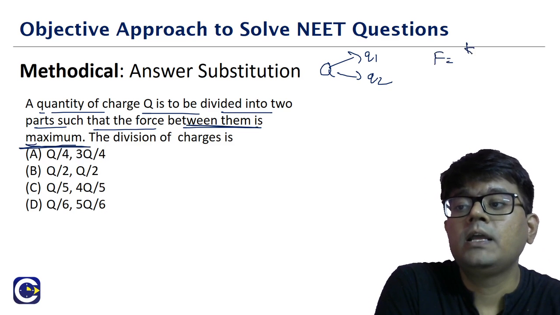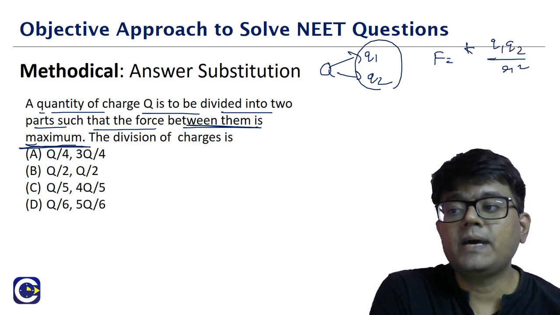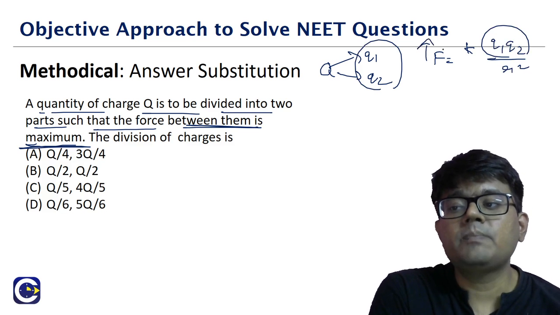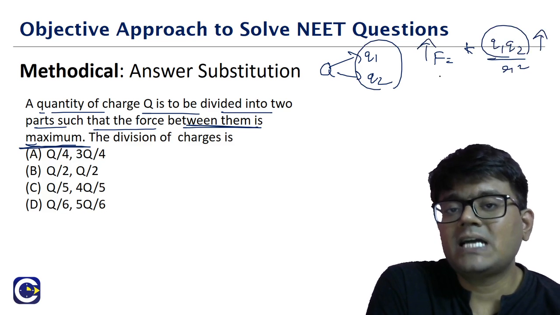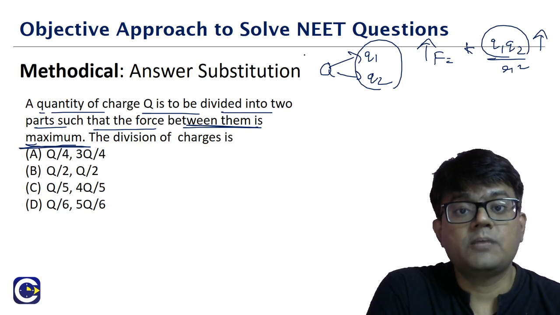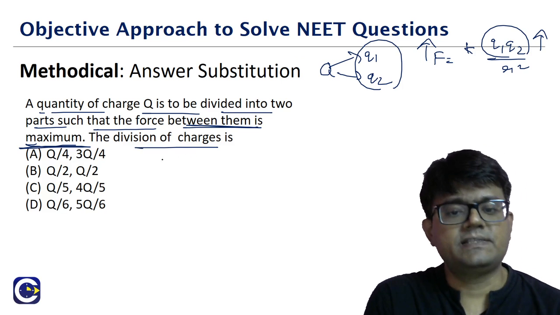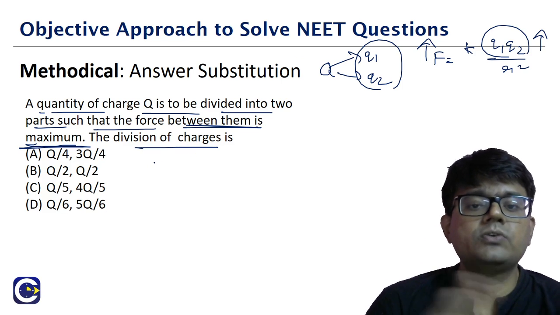Coulomb's formula, because these two are like charges. So k q1 q2 by r square. The force should be maximum means the product of the charges should be maximum. When is the force maximum? When the product of the charges is maximum. They are asking how we should divide the charges.